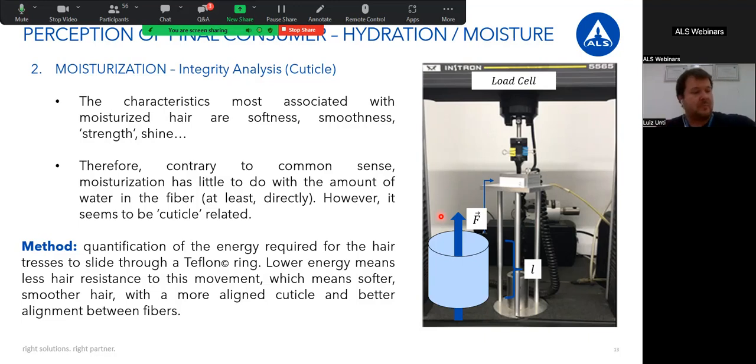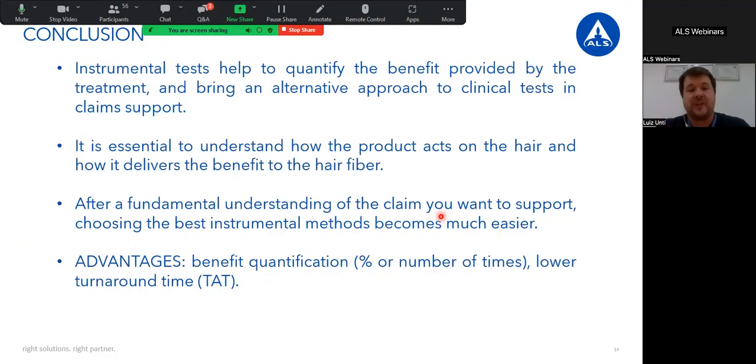So basically, to conclude and finish this webinar, today we discussed how instrumental tests help us to sustain the claims. Instrumental testing helps us to quantify how much benefit a treatment provides to a hair fiber or a hair truss.